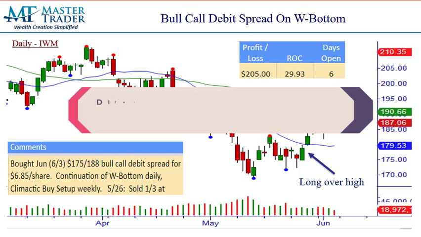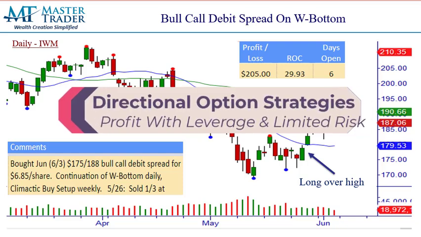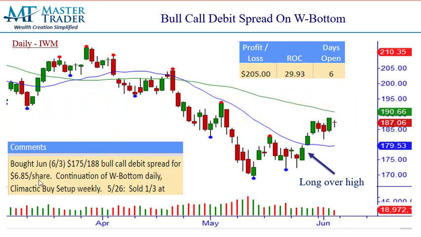The beautiful thing about trading options and spreads is we participate and profit in our directional bias with leverage. If you were to buy 100 or 1,000 shares, do the math on this: when this stock was at roughly 180 bucks, think of the capital that would tie up as opposed to $6.85 a share.